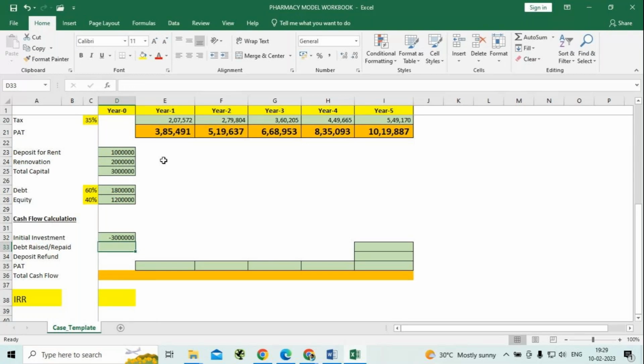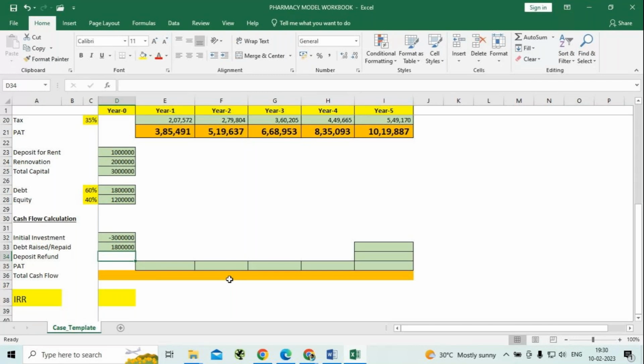Next, I have received a loan, that is the debt raised. How much? 18 lakhs. That means the money has come to the business at the start of the business, before starting my business, I have taken this loan.